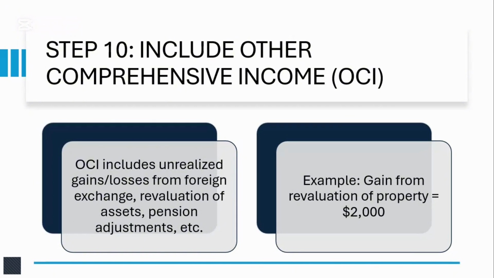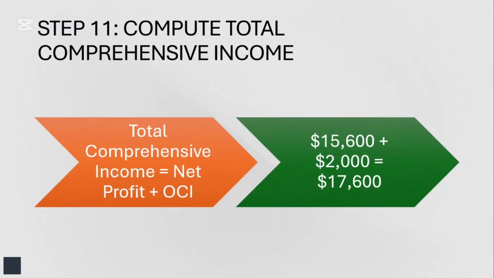So in this case, we can have some other comprehensive income being put in, and we have an example here of a gain from revaluation of property of $2,000, and therefore when we add that on now to our 15,600, we will end up with our final total comprehensive income of 17,600.